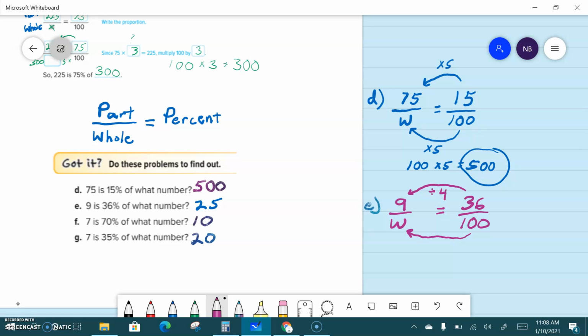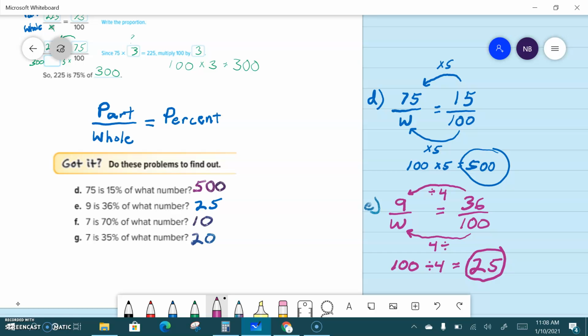So now we have to do 100 divided by 4. And if we do 100 divided by 4, we end up with 25. Okay? So 9 is 36% of 25.